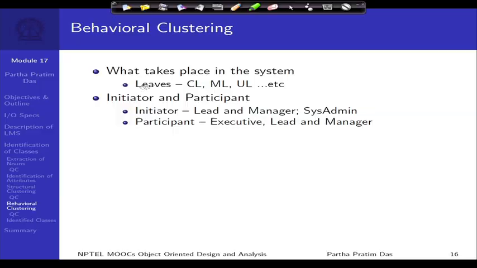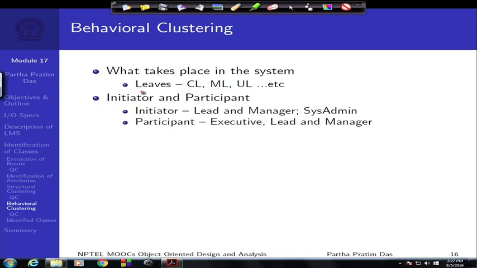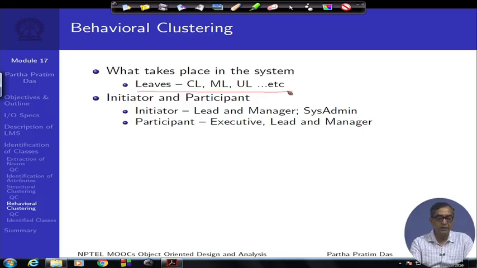But having read this specification by now 3-4 times, if you have sincerely done the noun extraction and the structural clustering, you would have got a sense of certain things taking place in the system, which is leave, various kinds of leaves. This is a leave management system. So, certainly leave behavior is a dominant concept that will exist, and it is proliferating through a variety of different leave types.